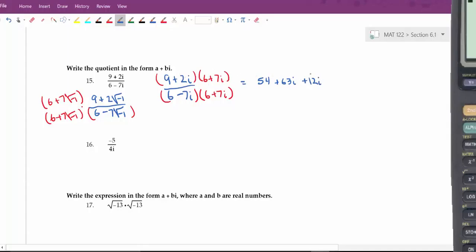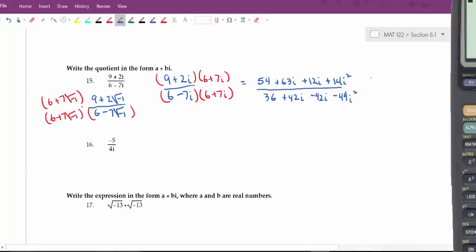And then 2i times 7i is plus 14i to the second. Okay, now we go to the bottom, and you can do the details on that. 6 times 6 is 36. 6 times 7i is plus 42i. Negative 7i times 6 is negative 42i. And negative 7i times 7i is negative 49i squared.